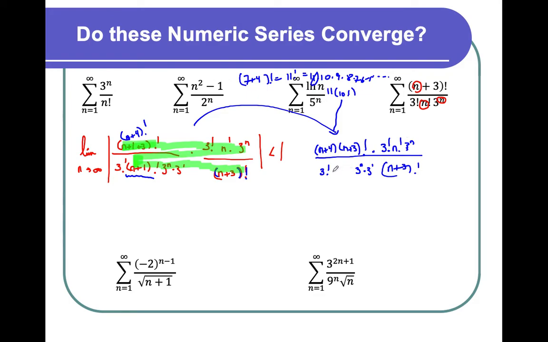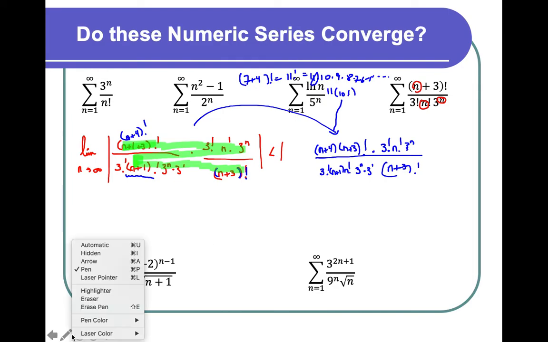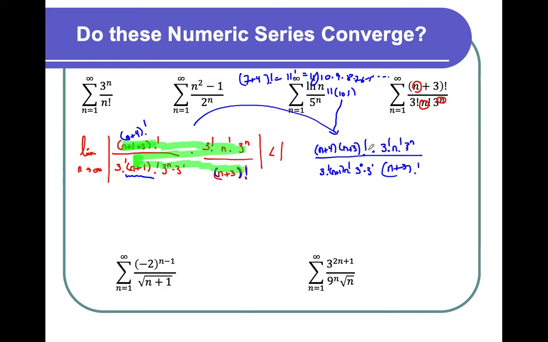So guess what I want to do? I want to do this same kind of thinking, right? This is n plus 1 times n factorial. So now look at how many things are going to go away, right? And what am I left with over here?